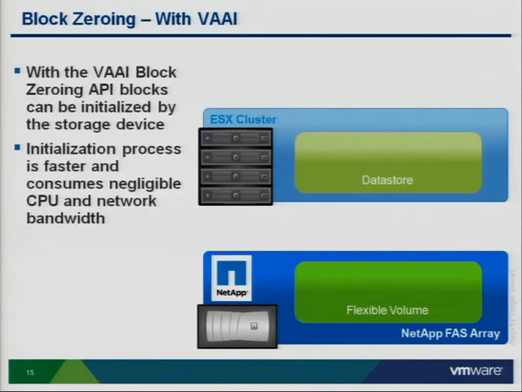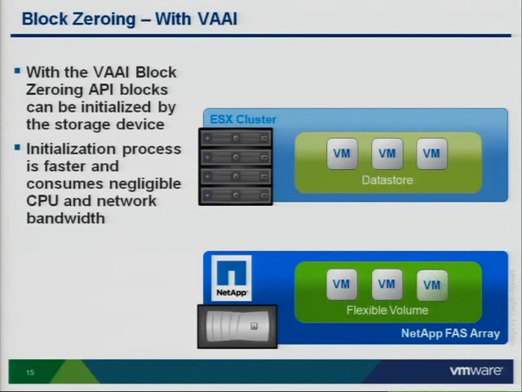ESX would have to issue a single WRITE SAME command to the array, and the array would do all the initialization, zeroing all the range of the blocks being requested. As you can see again, hardware offload operations are much more efficient and faster to complete. And the use case for block zeroing is, as I mentioned, to request a clone for an eager zeroed thick disk, to allocate new file blocks for a thin provisioned disk, for example, or initializing a previously unwritten zeroed thick disk.